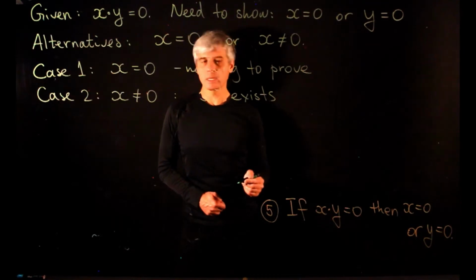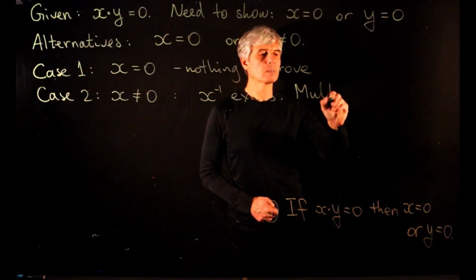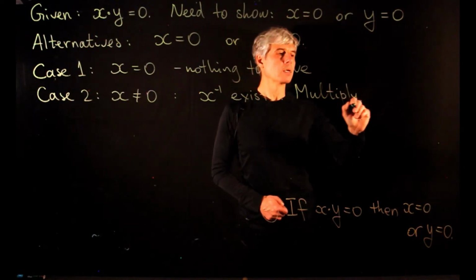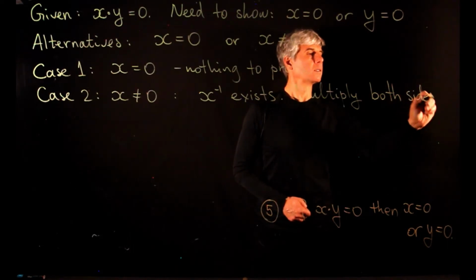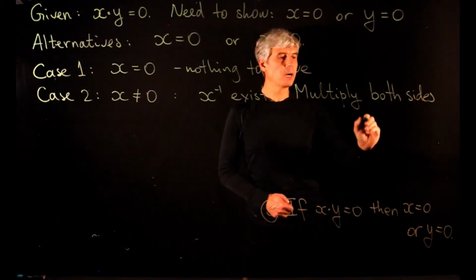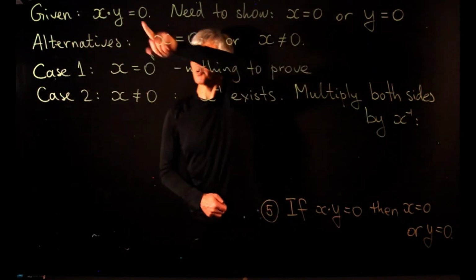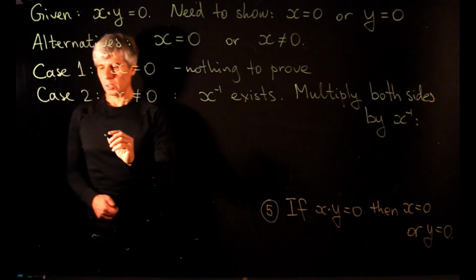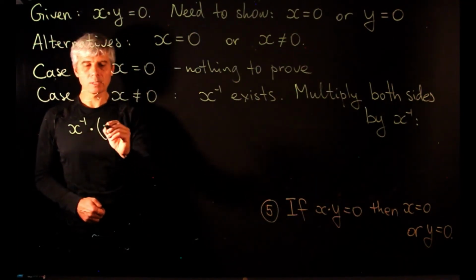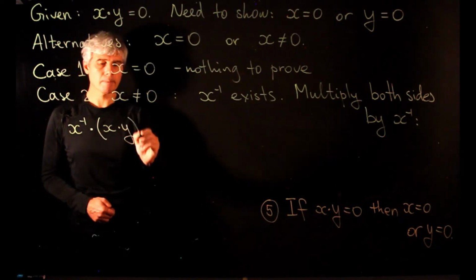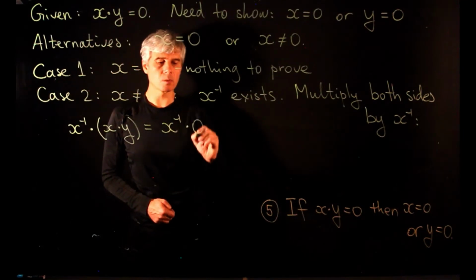So now what we do is we multiply both sides of this equality by x inverse. So we have x inverse times x times y is equal to x inverse times 0.